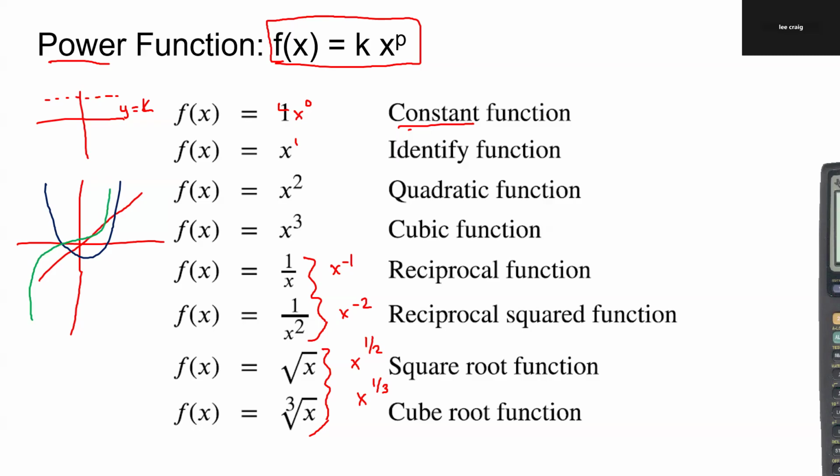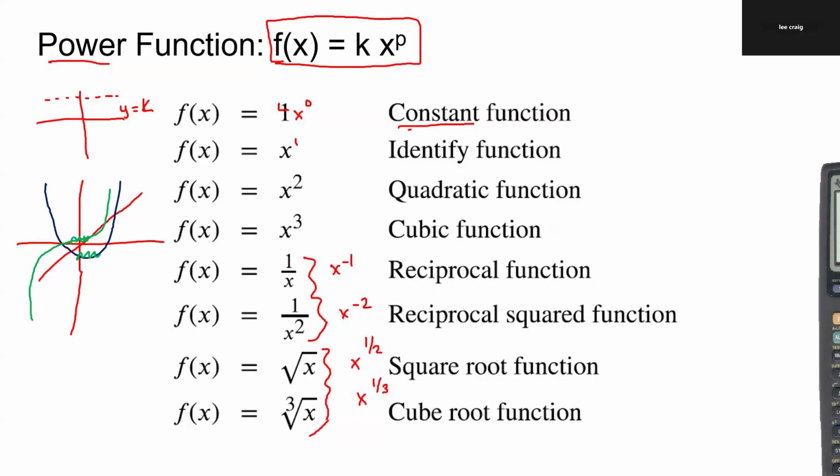And you could keep going with that, but they're going to start flipping back and forth between the parabolas and the cubic type function. So x to the fourth would be a parabola, only tighter, grow faster. x to the fifth would be more like the cubic, and go back and forth. And we'll see some more about that. You might get a wiggle here in the middle or something.